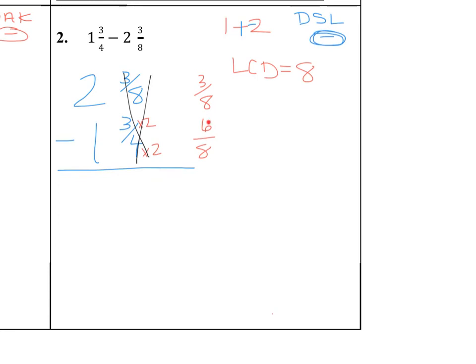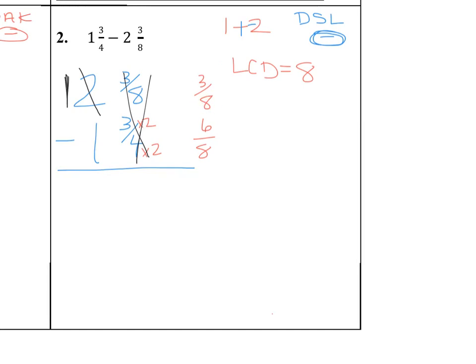Okay, I cannot take away 6 from 3. So I'm going to regroup. So I'm going to come over here and I'm going to take from this group. So if I take from 2, that's going to become a 1. But when I come to add it to this part, what am I really going to be adding?